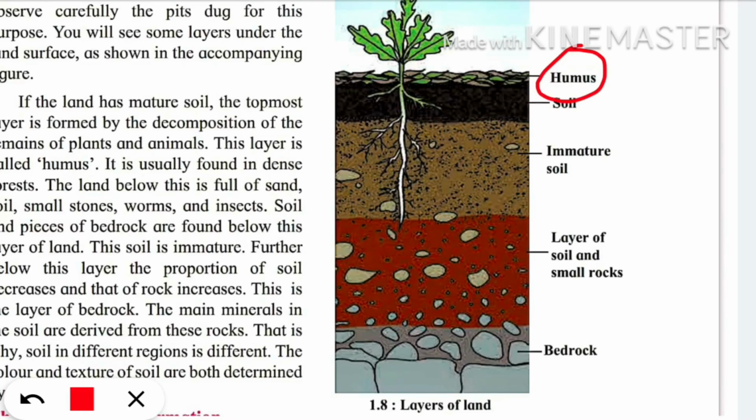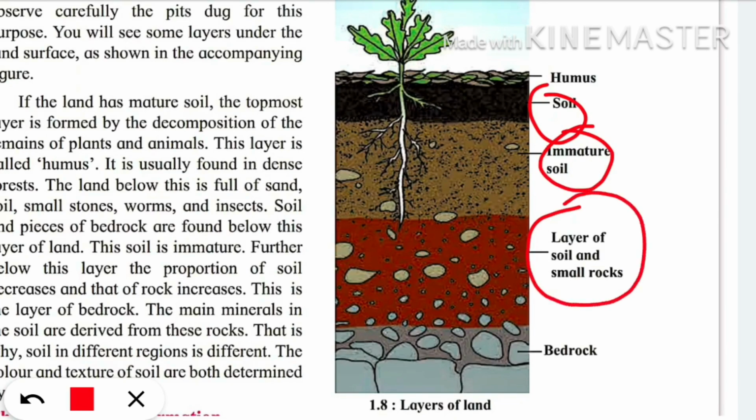Then secondly we can see the soil here. We will understand deeply what is meant by humus. These are the layers of land. You can see the humus there. Here we can see soil.